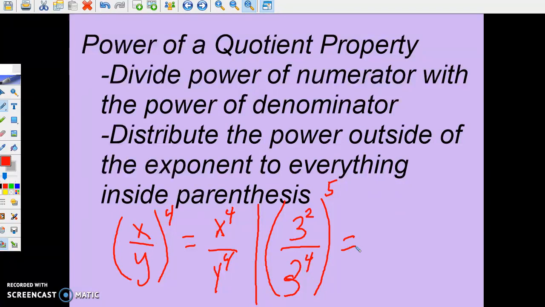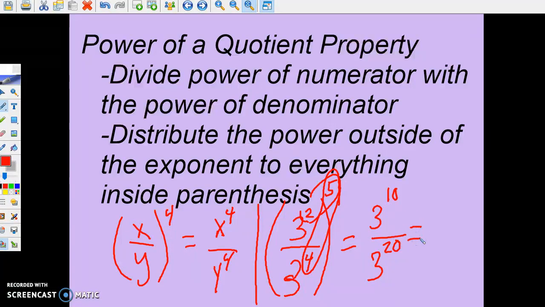So we're really going to be taking our properties from Lesson 1 and from Lesson 2 and putting them all together. Power of a power property tells me to multiply. So I multiply those together and I get 3 to the 10th. I also multiply my 5 with my 4 and I get 3 to the 20th power.